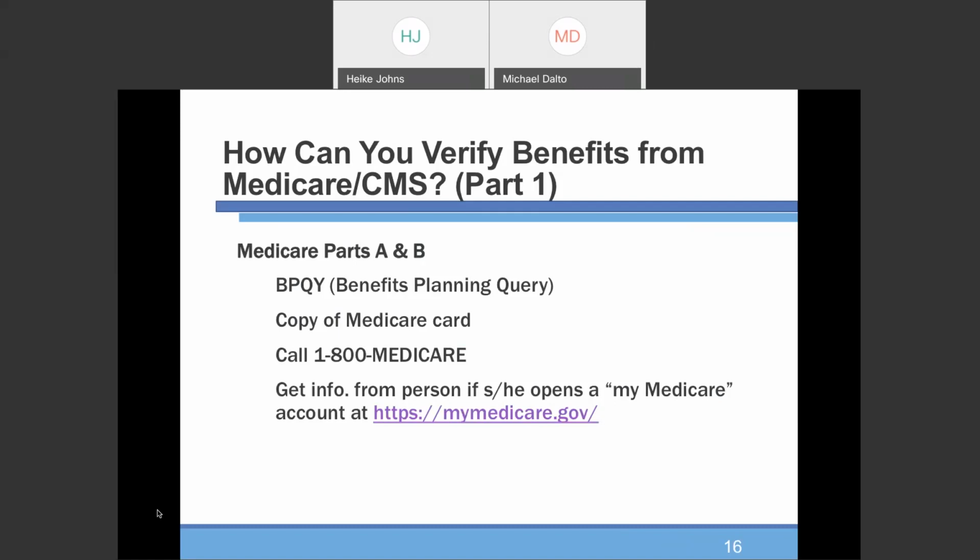Or if a person opens a My Medicare account at mymedicare.gov, you can get the information about their enrollment in Part A and Part B through the My Medicare account.